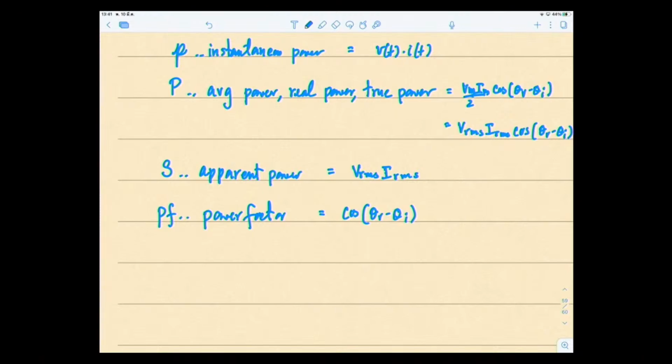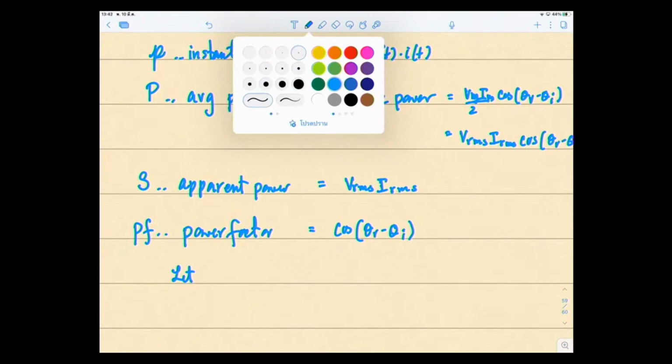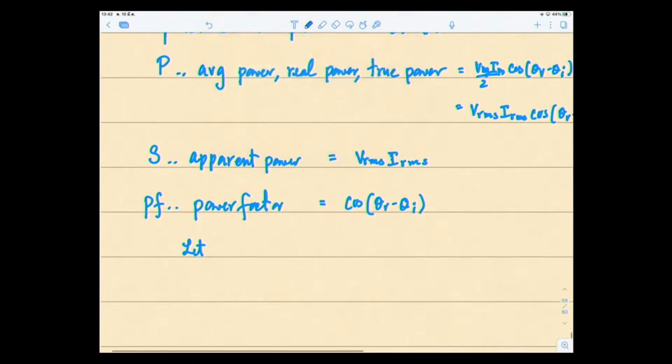Let it be that we have a phasor V equal to Vm angle theta V, and phasor I equal to Im angle theta I for current.